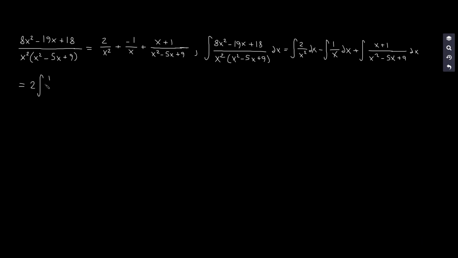And now we have 1 over x squared integration with respect to x, minus 1 over x integration with respect to x, plus the indefinite integral of x plus 1 over x squared minus 5x plus 9 integration with respect to x. I think we could take care of the first integral.